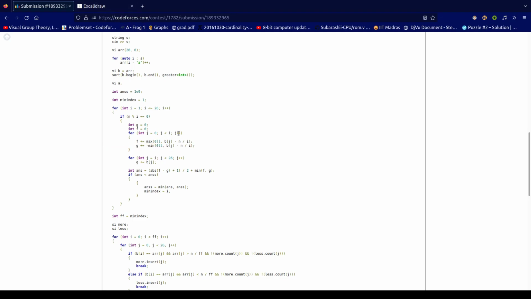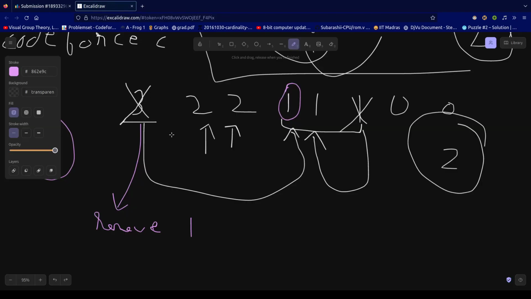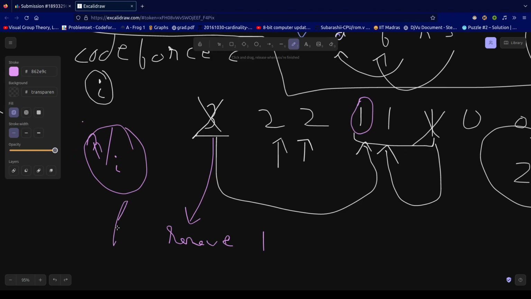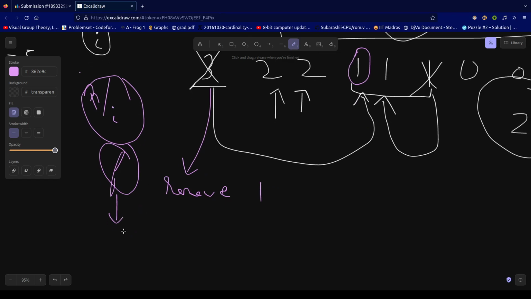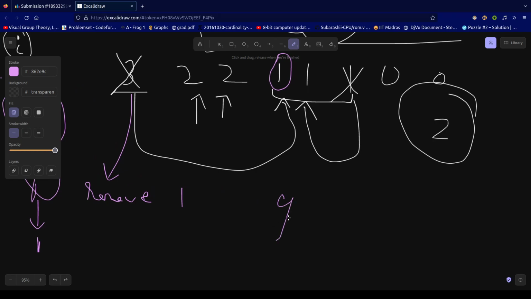That means if b over j is greater than n over I, I'm adding it to f, and if n over I is greater than b over j, I'm adding it to g. The variable f will store all of the excesses. So for the case I've shown above, f is 1 and g is 3.